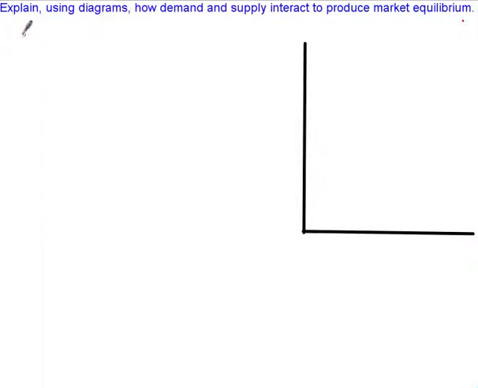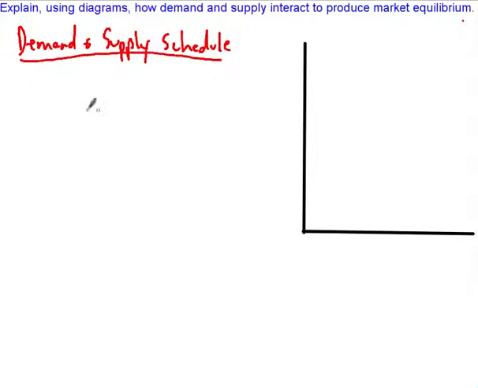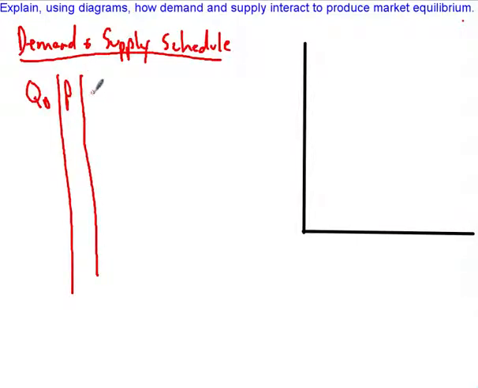What we want to do is create a demand and supply schedule. Think back to yourself, before I draw this out, what that looks like and what that does. Hopefully you remembered that we'll put a quantity demanded there. We're going to put all of these in one place.